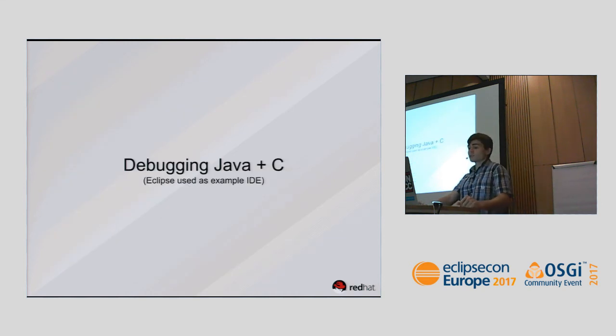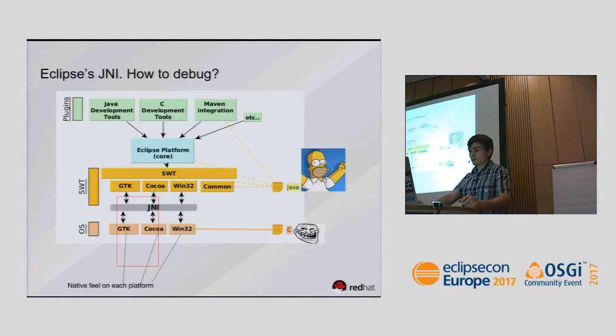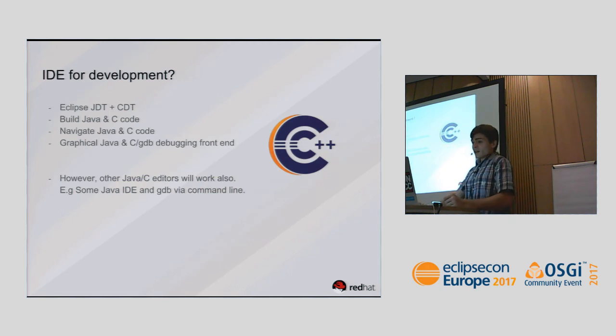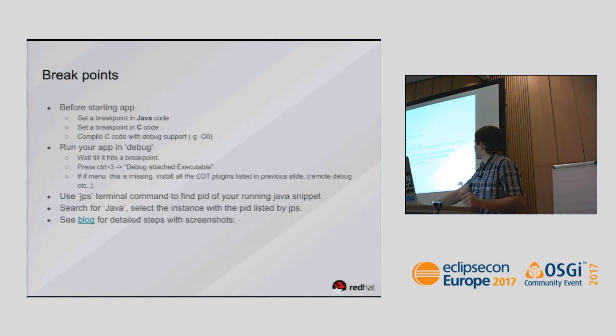So how do we go about debugging all of this goodness? This is a quick diagram of how Eclipse works internally, and SWT is this part over here, where I spend most of my time. Personally, I use JDT and CDT to do all of that, but if you're savvy, you can use pretty much any editor.